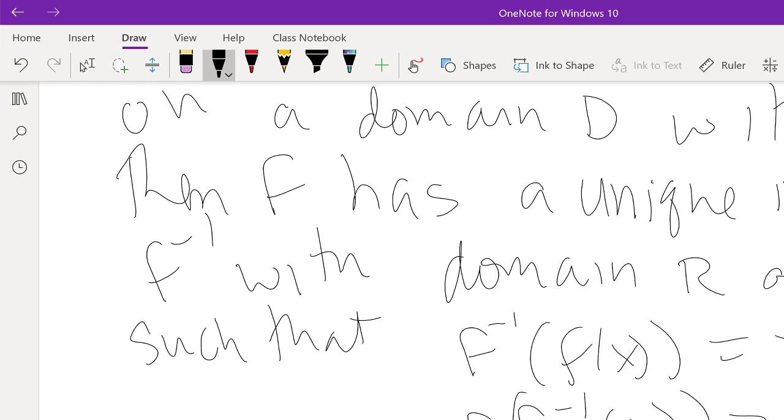Now, in certain cases, they may be all real numbers, but it doesn't have to be. D and R do not necessarily have to be all of the real numbers.